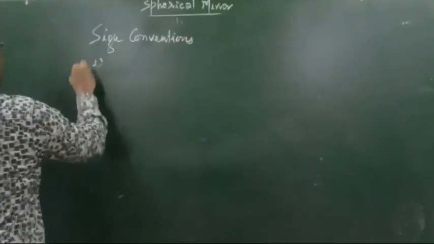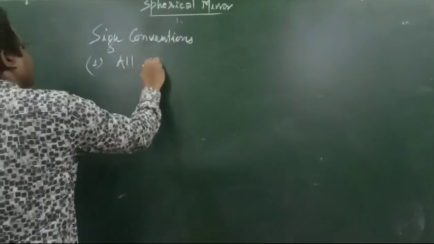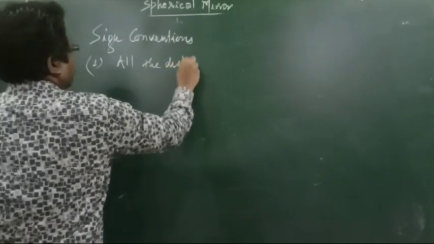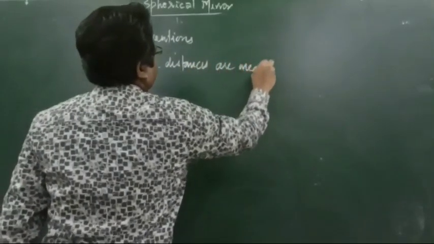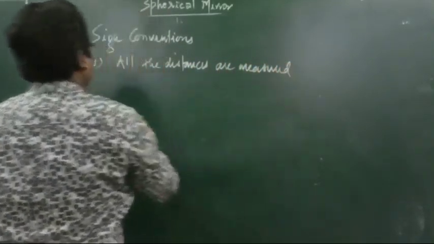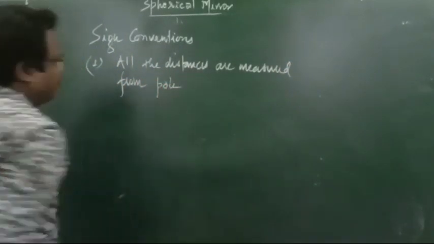The first rule says that all the distances are measured from the pole. Be careful.